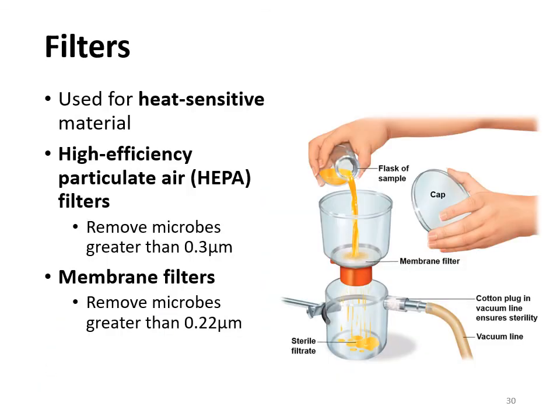Now, you also have filters as an option. I want you to know the difference between using an autoclave and using a filter. So we said autoclaves are great in that they sterilize 100%. But ask yourself, when can't you use an autoclave?